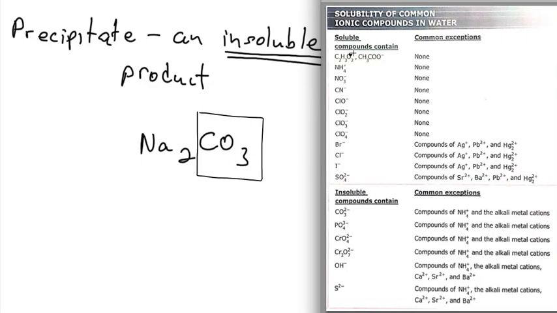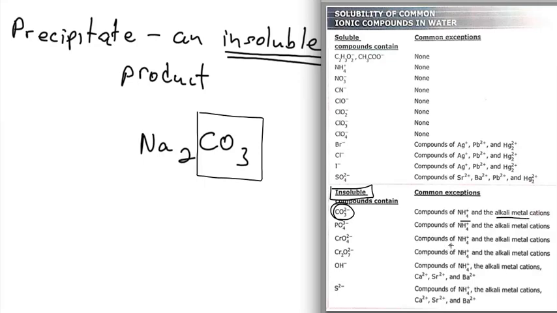Go over to your list and look for carbonate. We start to go down our list, and here it is right there. There's carbonate. Now, carbonate by rule is insoluble unless it's combined with ammonium or an alkali metal.